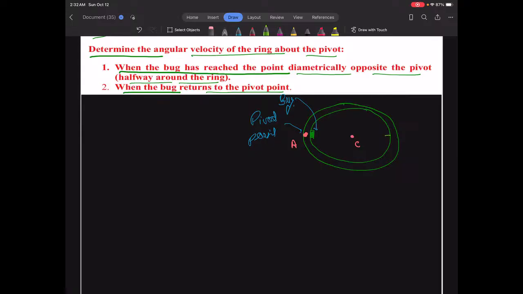So this is the opposite end of the bug, and the second position will be when the bug is at the same position from where it started. So these are the two conditions about which we are going to find out its angular velocity.